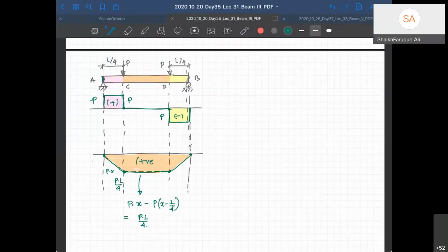Now, the middle portion is very interesting. This middle portion has bending moment, but no shear force. So let's write it. Section C to D has 0 shear force, right?